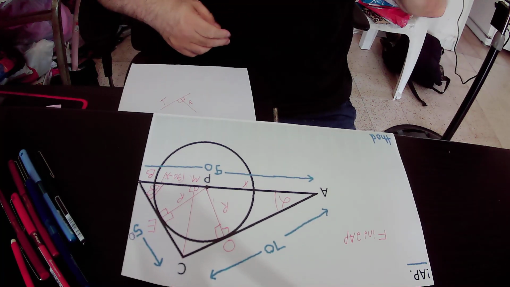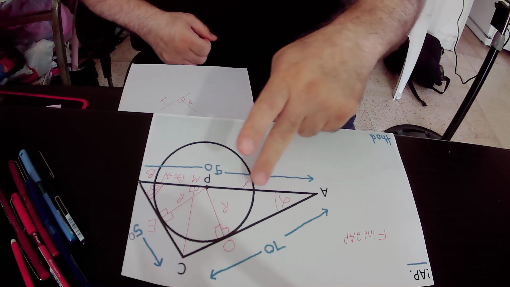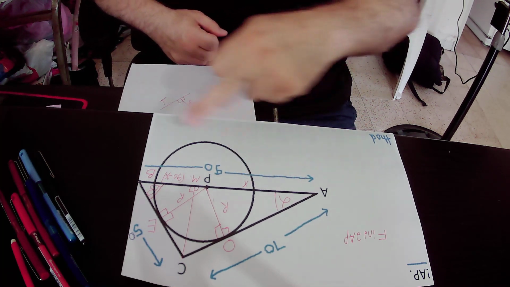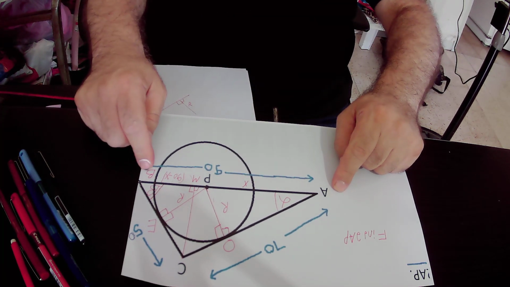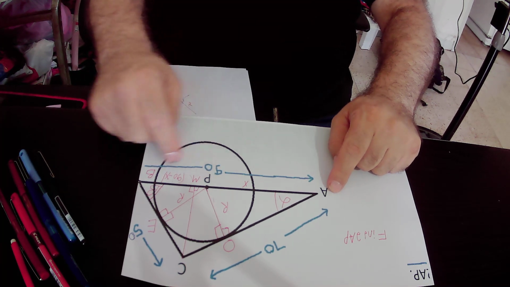And we also defined AP as X. So PB will be equal to AB minus AP.